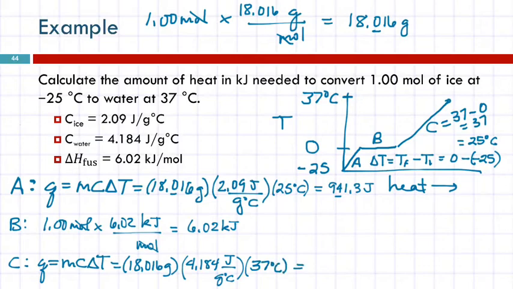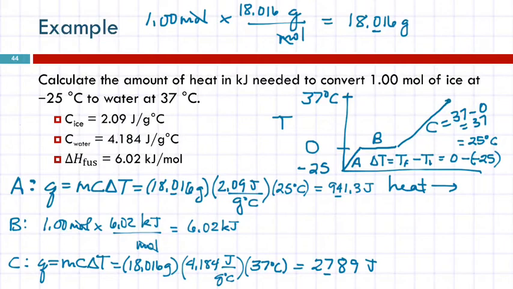So 18.016 times 4.184 times 37. 2789 joules. Questions? We're not done yet.